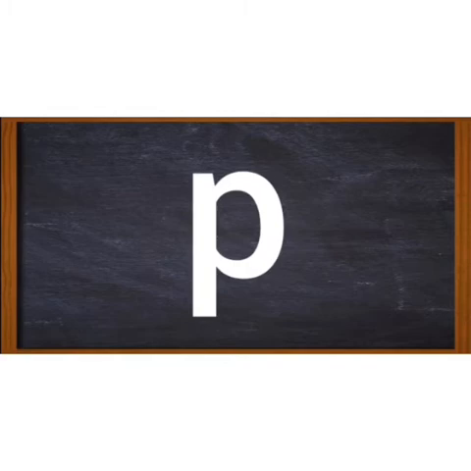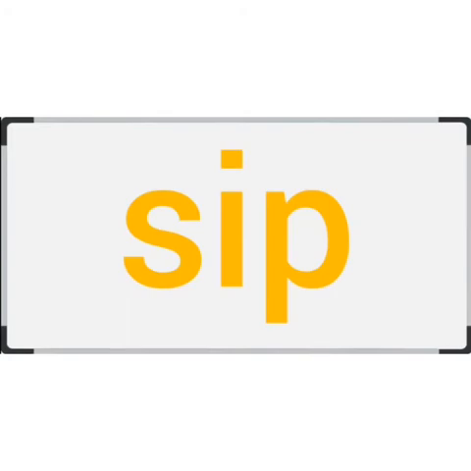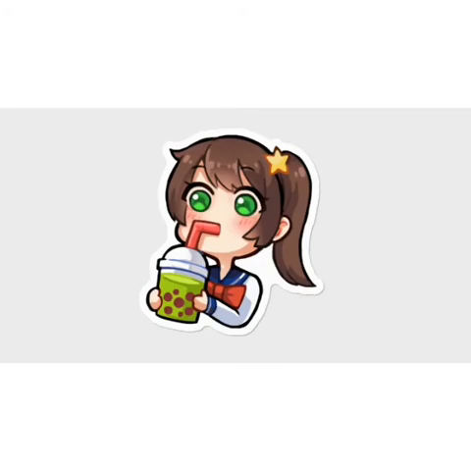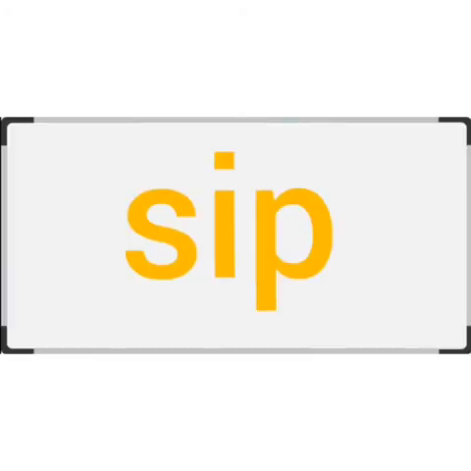The third one, P. And then we have s, i, p. And the three-letter word is what? Sip. Can you say that again? Sip. Very good.